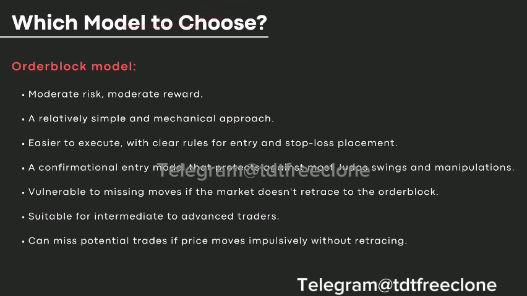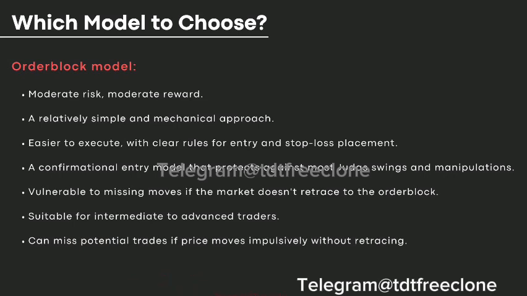Number four, easier execution with clear rules. For intermediate traders, execution can be the hardest part of trading, especially when emotion gets involved. And the order block model's mechanical structure makes it easier to stick to your plan. Number five, vulnerable to missing moves.